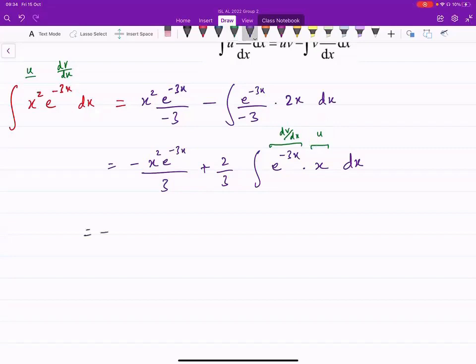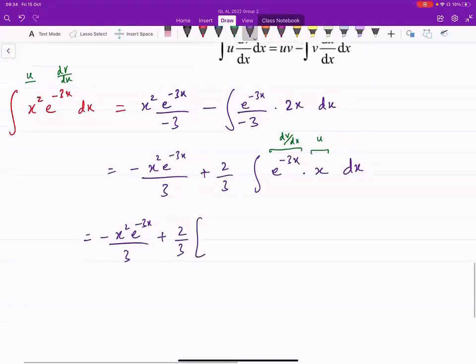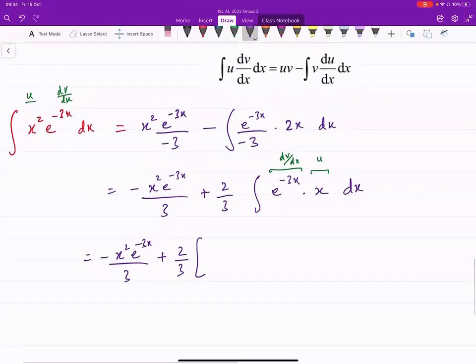What do we get? We get -x square e raised to power -3x divided by 3, plus 2/3 which we have outside as before. Now apply that formula again. u into v. What is u? u is x. v, its integral, is e raised to power -3x over -3, minus integral of v.